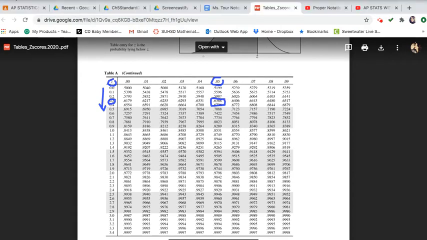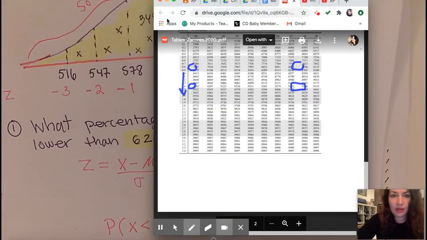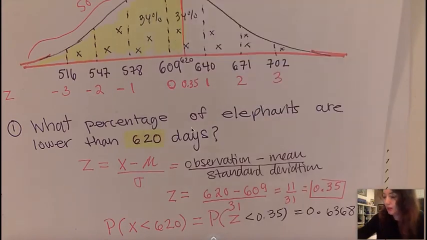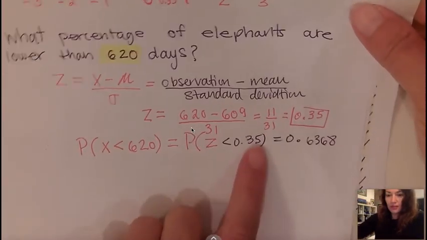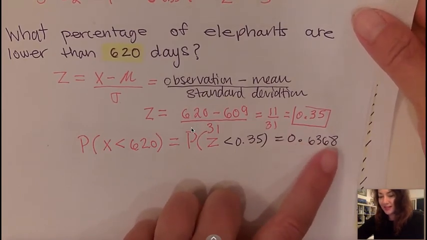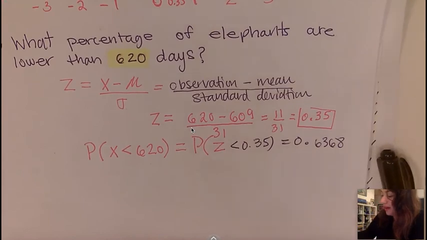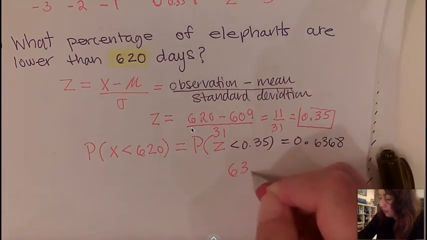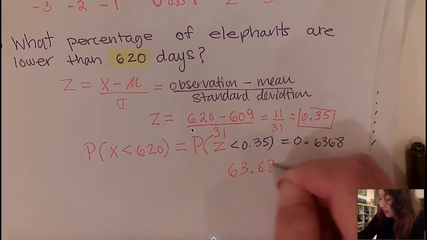So basically, we have found our area from the table is 0.6368. What does that mean? That means it is 63.68%.